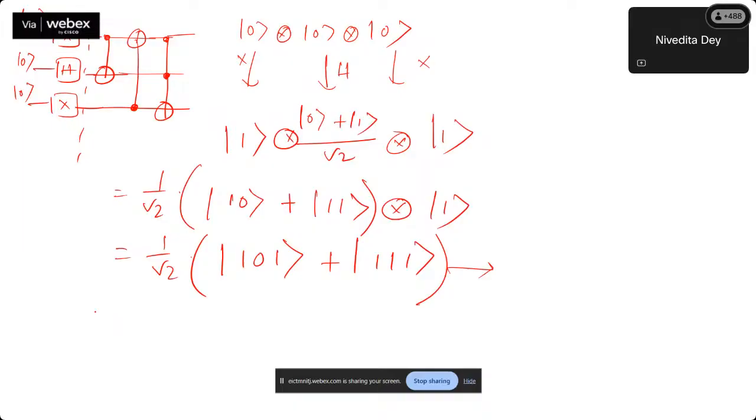Now what we are doing is the first C naught, C naught Q0, Q1. Now this is Q0, this is Q1, Q2. Once you understand that this is how you can interpret any outcome or algebraic expression in quantum, it is actually much easier to get what the final output is going to be.